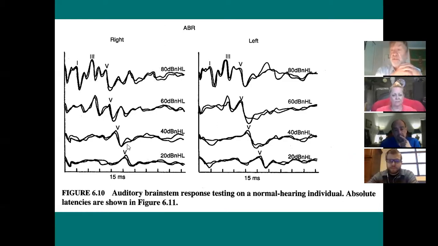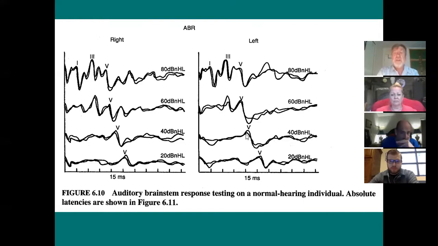Well, this is a test whereby we test infants. This is one other test besides otoacoustic emissions, whereby to test people who can't tell you what they hear, the ABR. And look at the left ear, same thing. All the bumps at 80, you can see peak 1 kind of disappears at 60. That's okay.